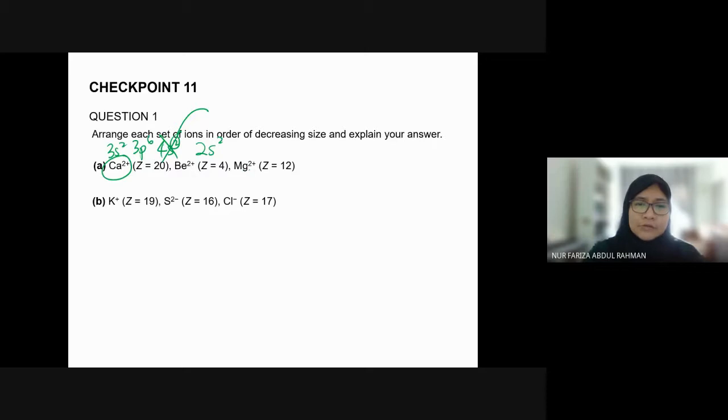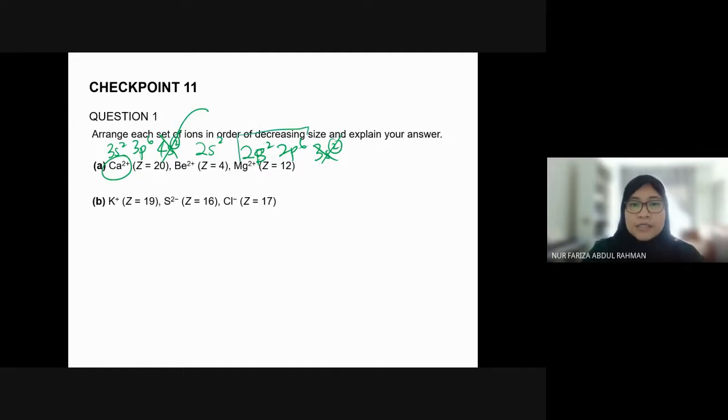Magnesium 2 plus on the other hand, it is period 3, so it becomes 2s2 2p6. Okay, 2s2 2p6. For the magnesium atom it is 3s2. So when these 2 have been removed, there is no electron in the 3s orbital.